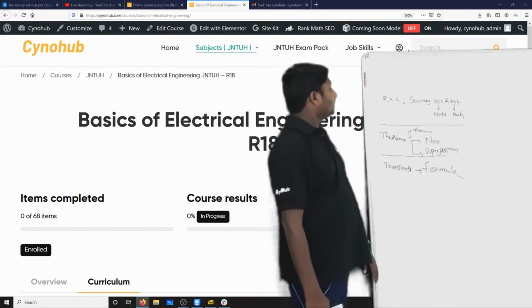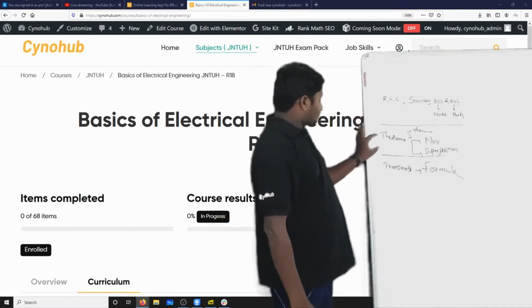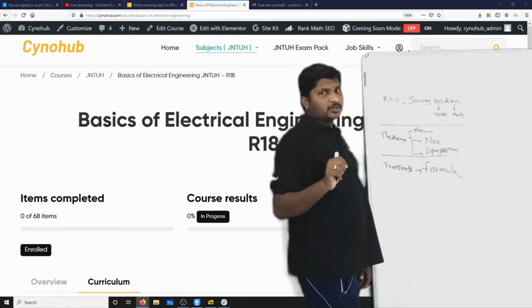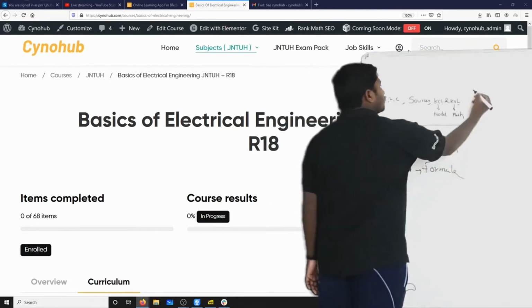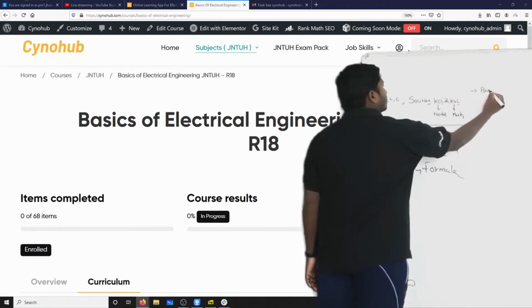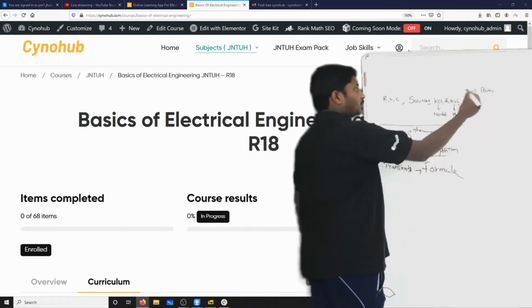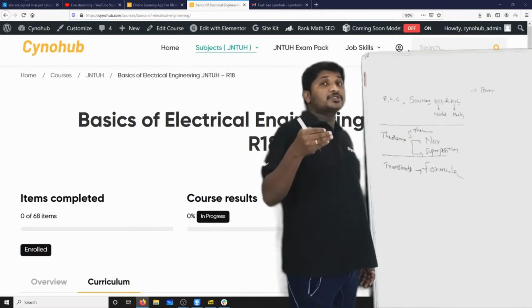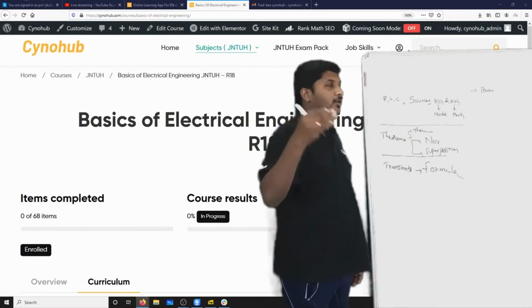Okay. So, part 1, part 2 and part 3. Normally in part 1, your model questions: calculate power in the total circuit. You have to calculate power and show that the algebraic sum of the powers is equal to 0.